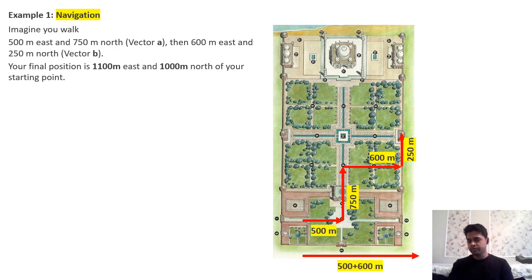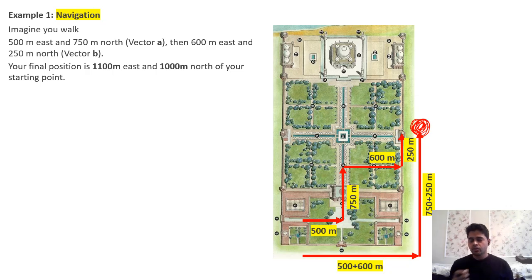Total we have covered 500 plus 600, so total 1100 in the east direction, and in the north direction 750 plus 250, which is equal to 1000 meters or 1 kilometer. Now this circle would be my resultant point. So this is my resultant point.